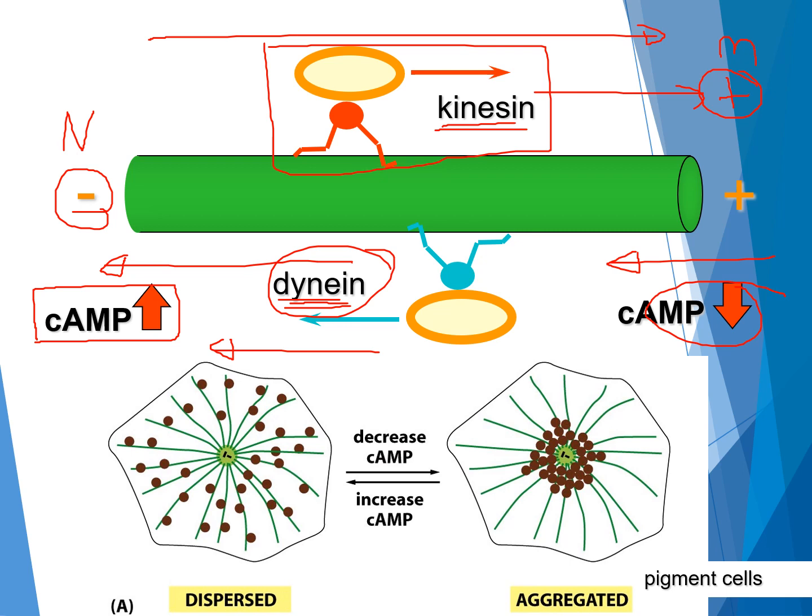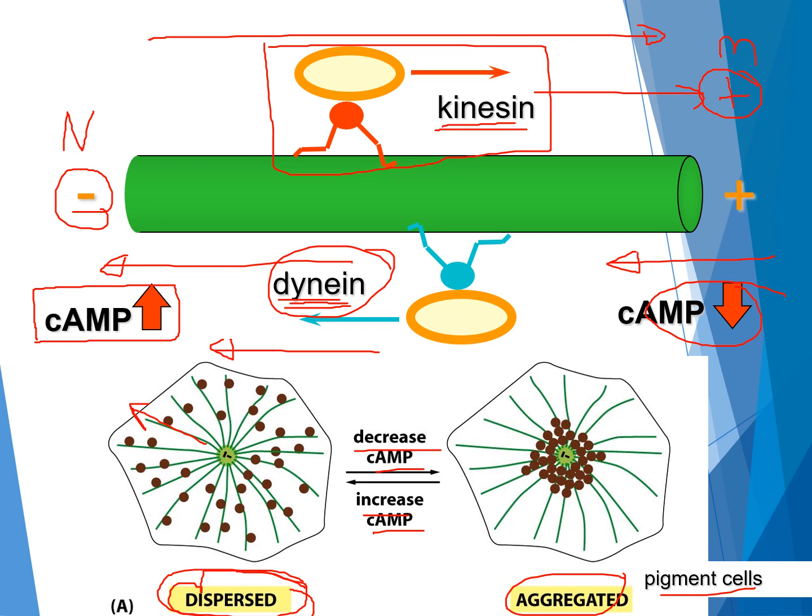All right, so here is the example of the dispersion and also the aggregation of the pigment cells when the cell has a decrease in cAMP or an increase in cAMP. When the increase in cAMP occurs, the pigment will disperse. Remember, when they have a lot of energy, the kinesin will bring the vesicle towards the membrane area.